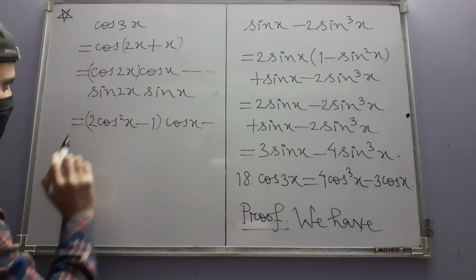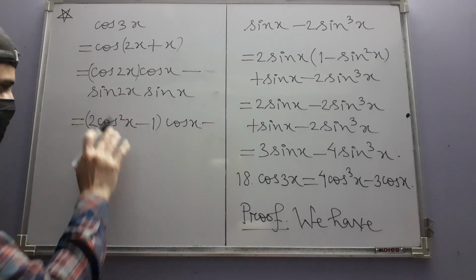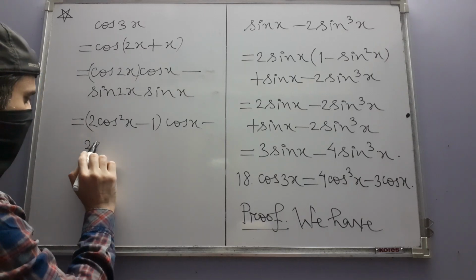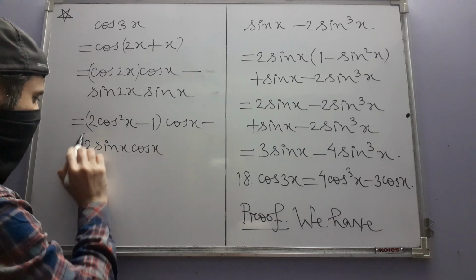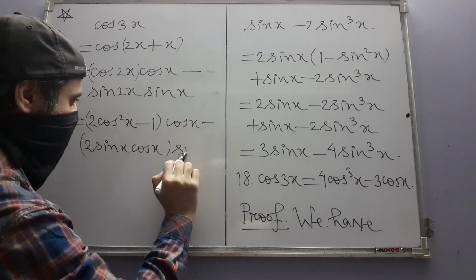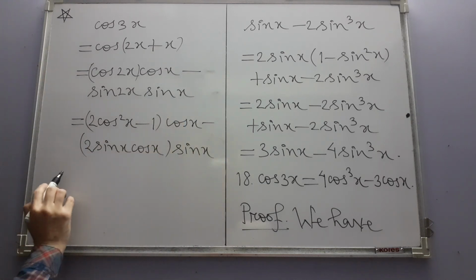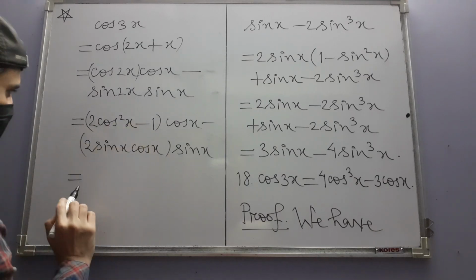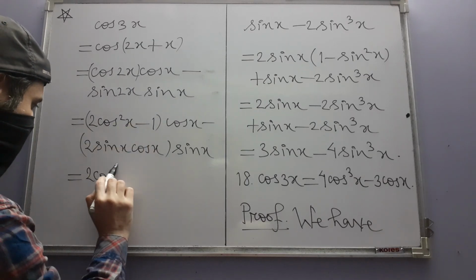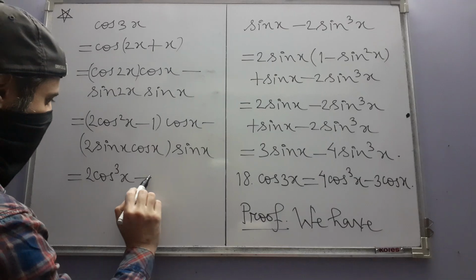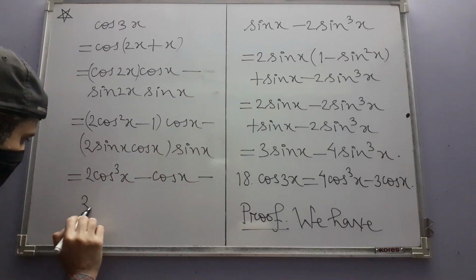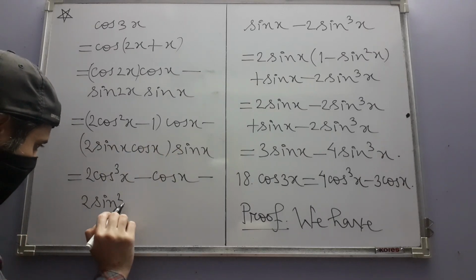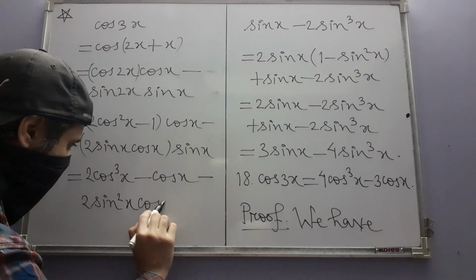Let's first write what sin 2x is, because for this there is only one expression, which is 2 sin x cos x times sin x. And now after multiplication, we first get 2 cos cube x and then minus cos x and then minus 2 sin square x times cos x.